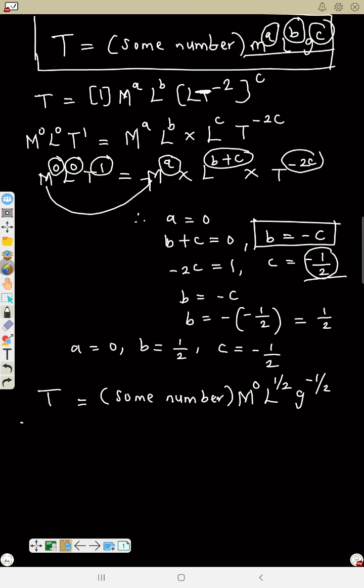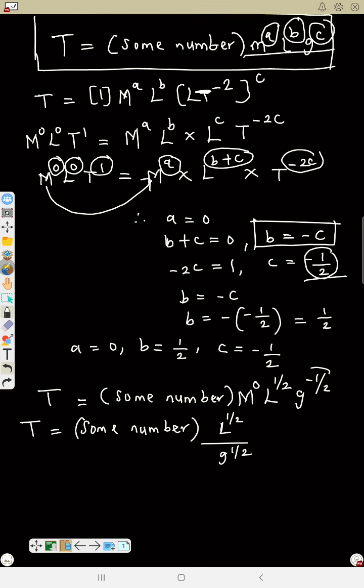Now T is equal to some number. M, anything raised to power 0 is 1. That means the M is 1. Then this is L raised to power half divided by g raised to power half.